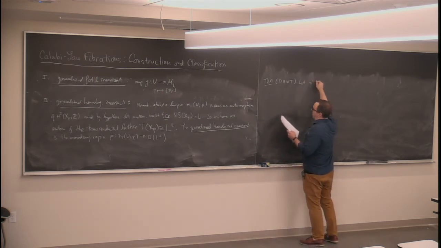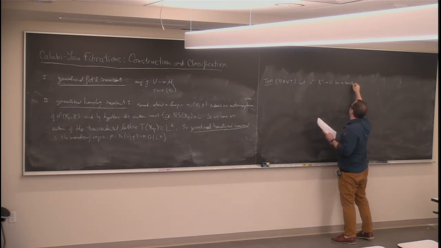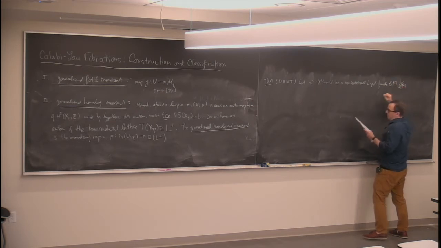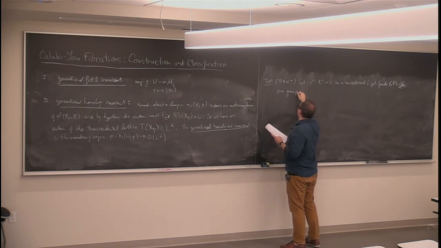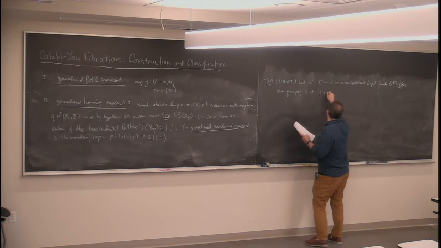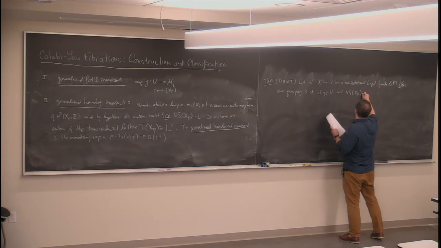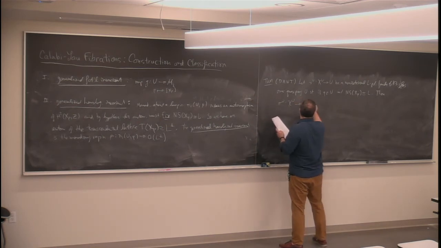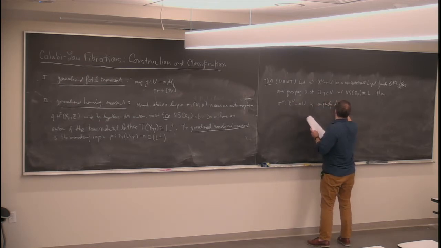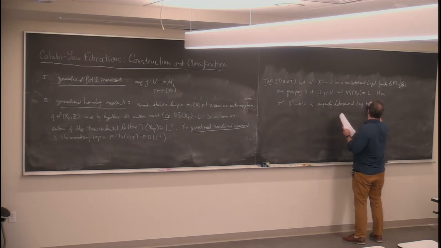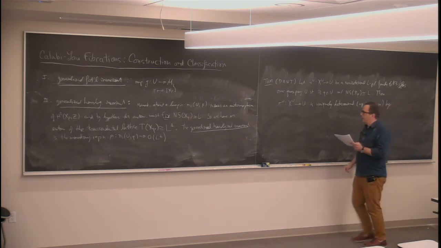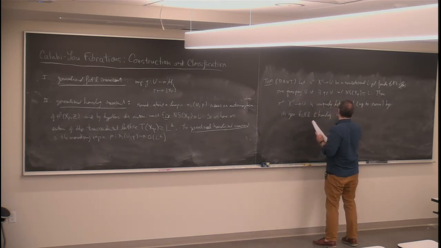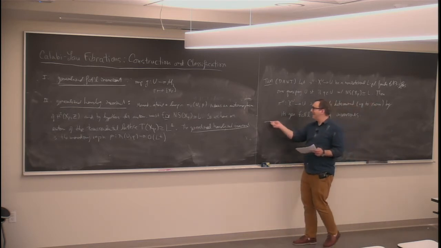Let pi_U: X_U to U be a non-isotrivial L-polarized family of K3 surfaces over quasi-projective U such that there exists P in U with Néron-Severi of X_P isomorphic to L, then pi_U: X_U to U is uniquely determined up to isomorphism by its generalized functional and homological invariants. Okay, so this is the complete analog of Kodaira's result.